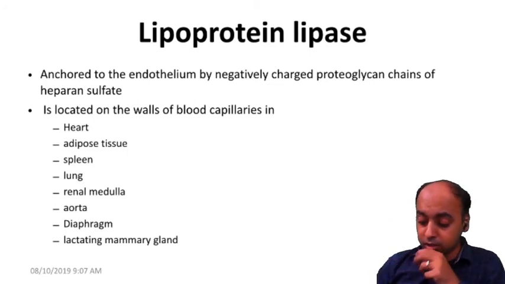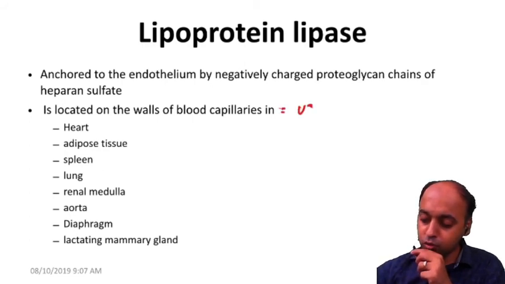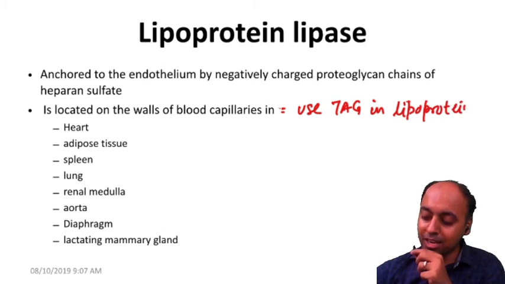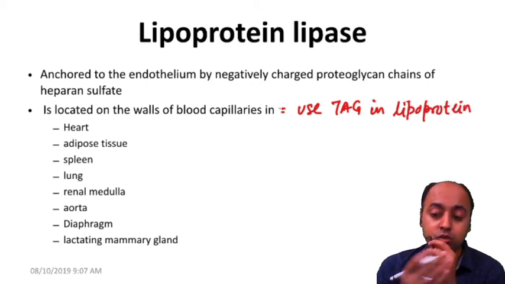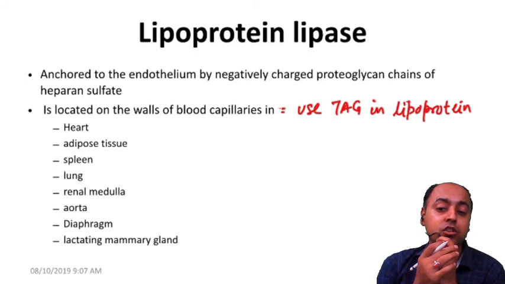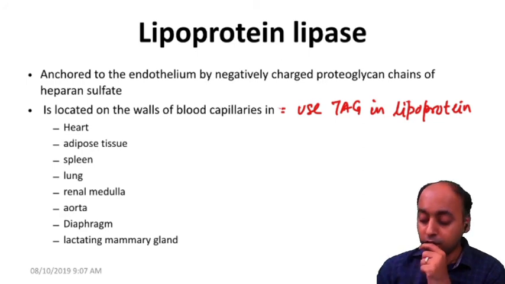In other words, which tissues will use the triglycerol in the lipoproteins? If the lipoprotein lipase is not there, the tissues cannot make use of the triglycerol which is there in the lipoprotein. So these tissues which make use of the triglycerol are the heart.